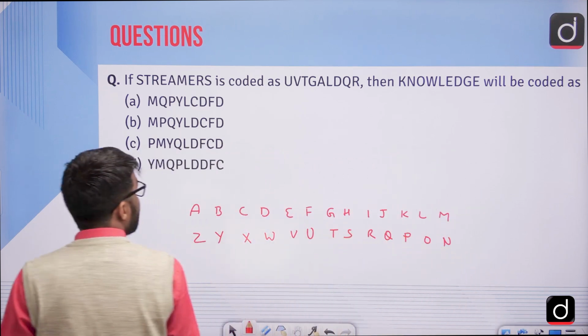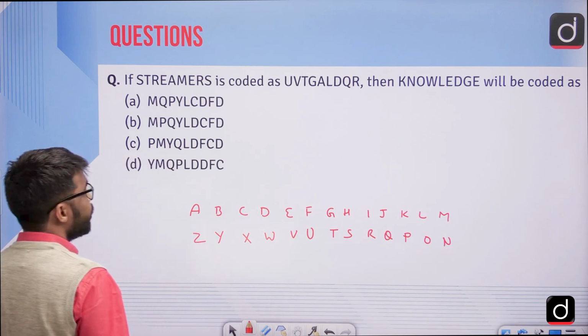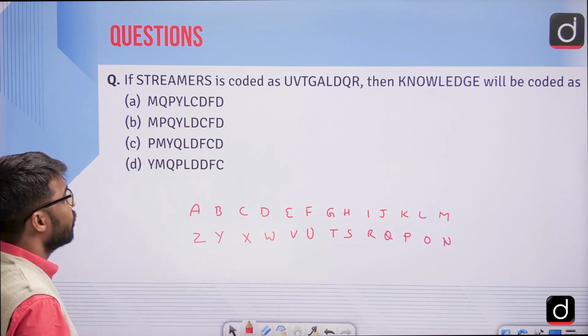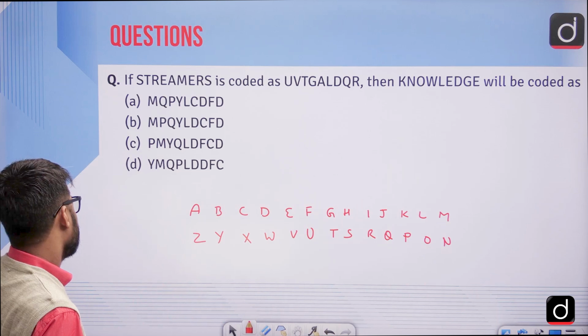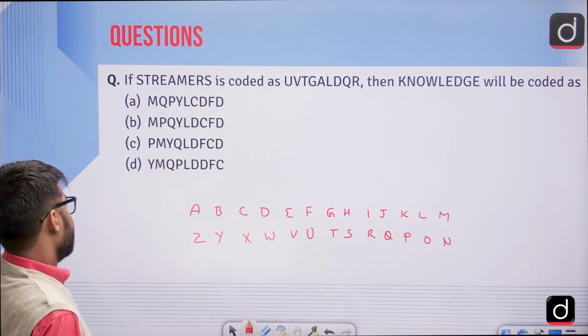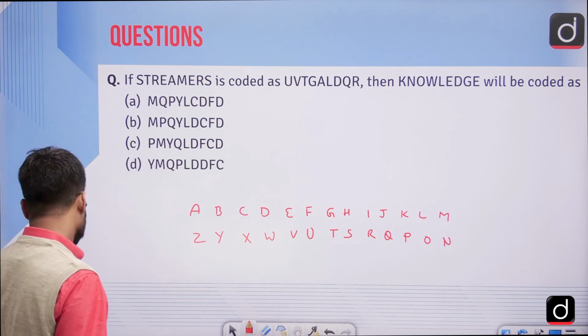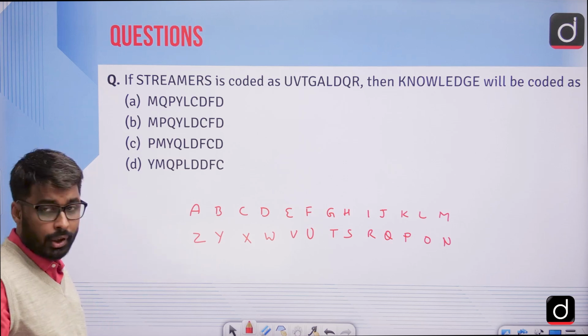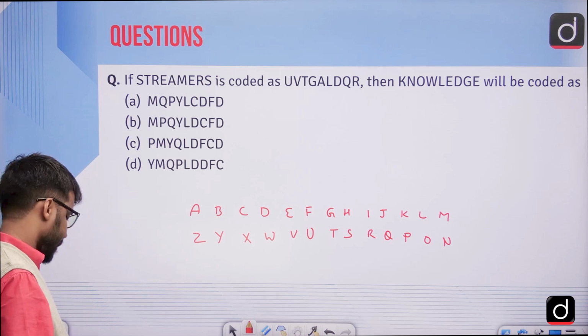Famous is coded as UVTGALDQR. The knowledge will be coded as... I'll wait for a few seconds.